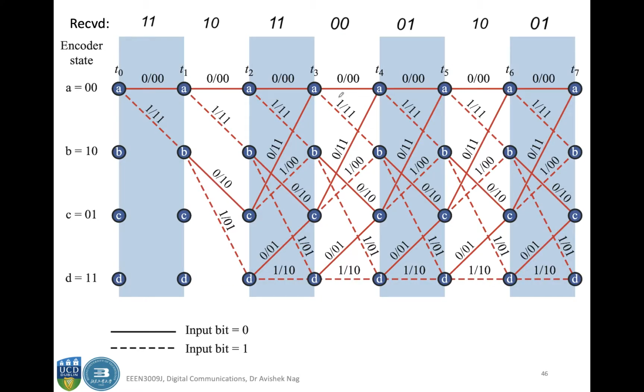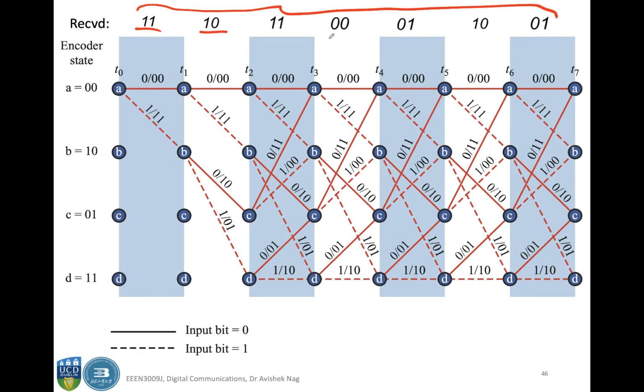Okay, so I will again take the example of this same trellis diagram and the same convolutional encoder that we showed before, and see if we have a received code word like this. Let's say this is the received code word, this entire number of bits: 1110 1100 011001.